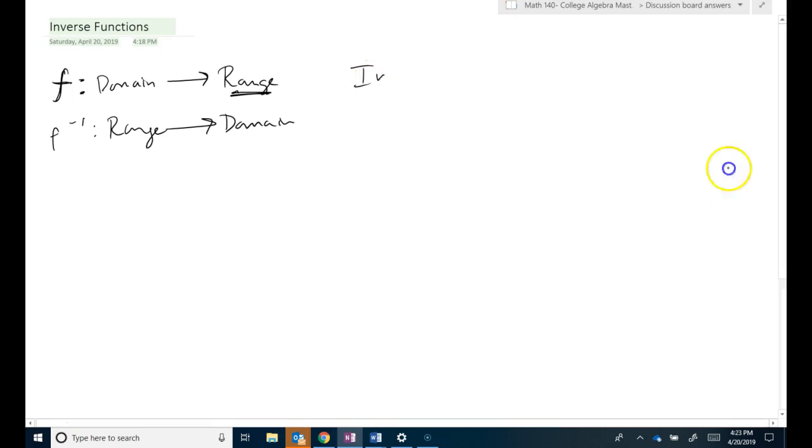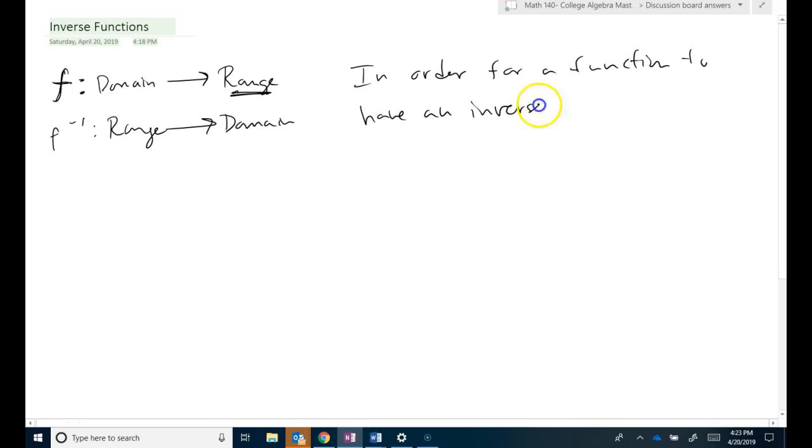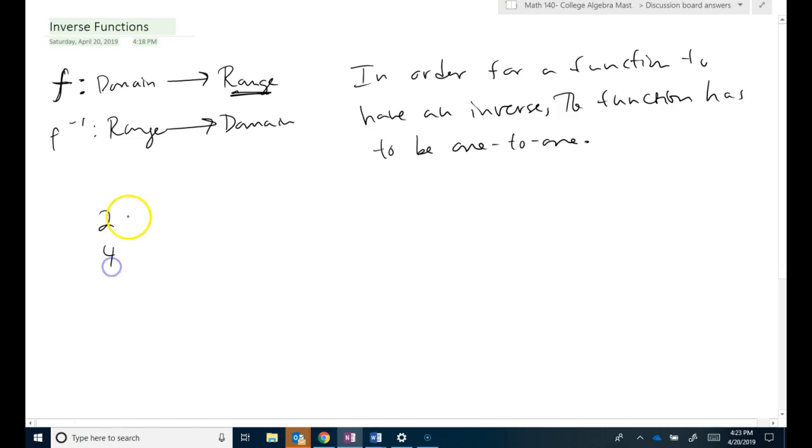In order for a function to have an inverse, the function has to be one to one, okay? And what that means is that basically we can't have two values, like say for example 2 and 4, both going to, say, 16.